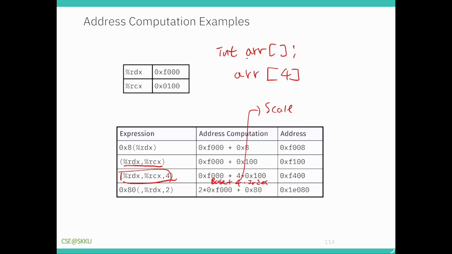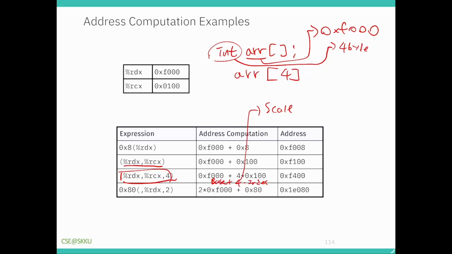So let's say this array pointer is 0xf000. And what is the size of an integer? It is 4 bytes, right? So each integer element in this array has a size of 4 bytes.